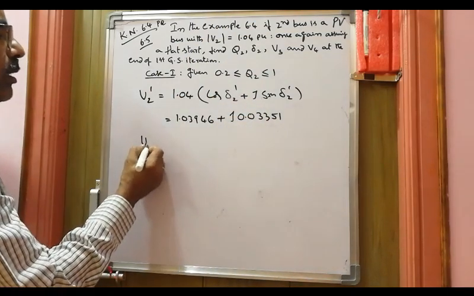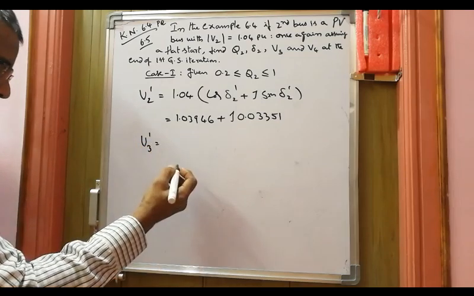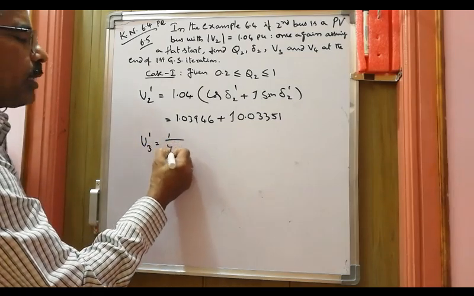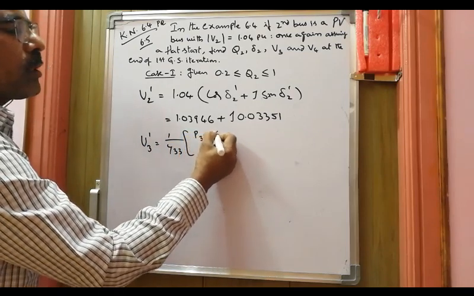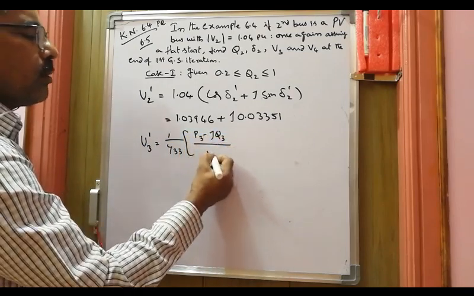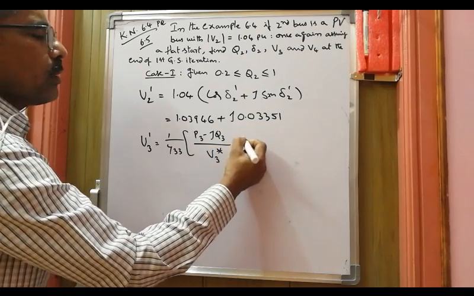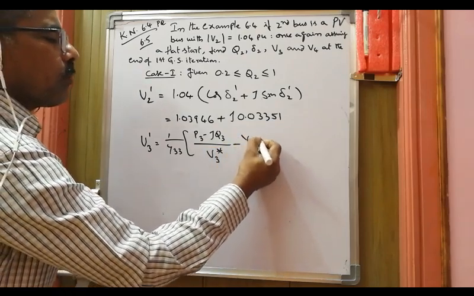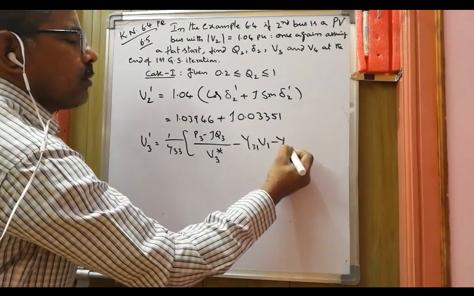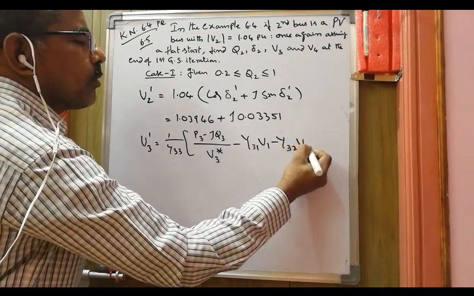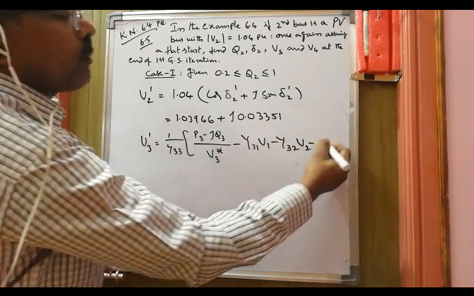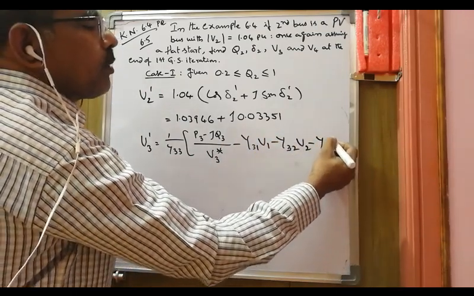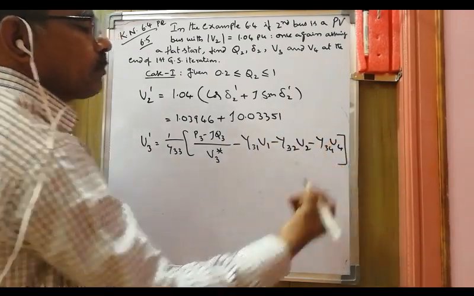Then V3 1 by Y33, (P3 minus jQ3) by V3 conjugate, minus Y31 V1, minus Y32 V2. The Y33 V3 term is not to be there, minus Y34 V4.